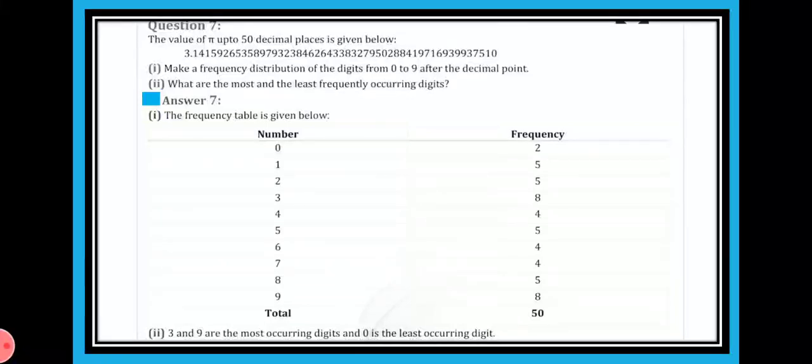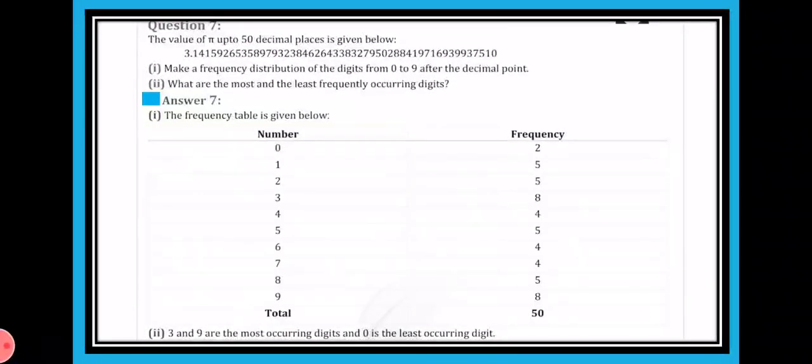So the total is 50, and 50 decimal places are given in the given value of pi. Now we have to find out which are the most and the least frequently occurring digits. We can see from the table that 3 and 9 occur the highest number of times.